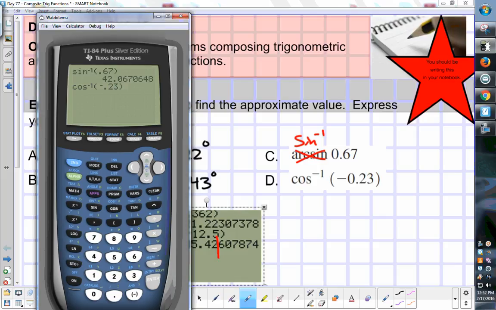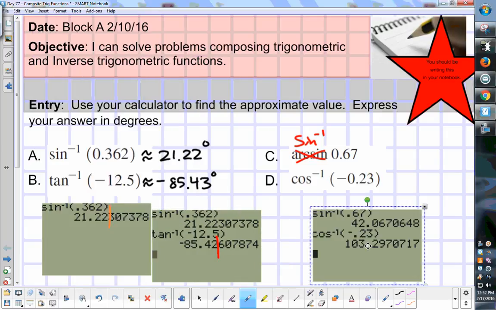Make sure you're doing a negative, not a subtraction sign. So this would be 42.07 degrees, and this would be approximately equal to 103.30 degrees. We'll round both numbers up.